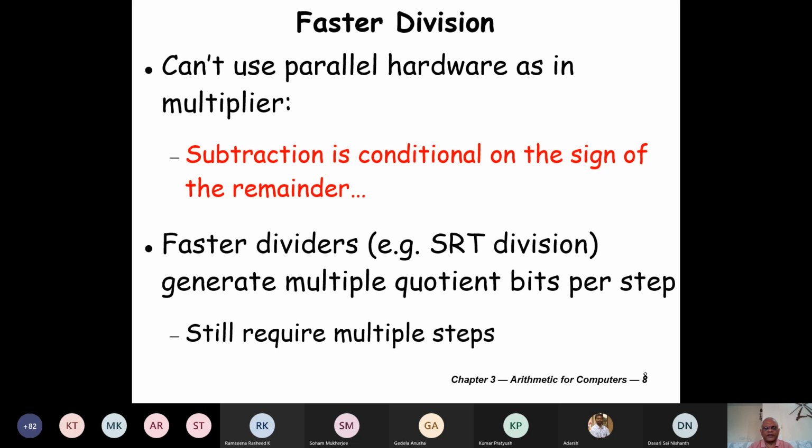It's not as fast as the fast multiplication that we discussed, but somewhat fast. But it's quite complicated, the SRT division technique. Those who are really going to do hardware design might later look up SRT division, but it's not part of our discussion.